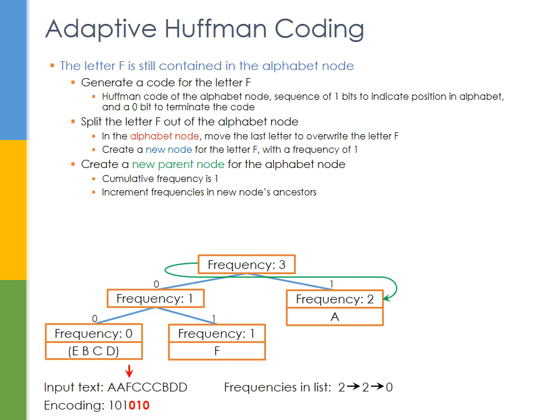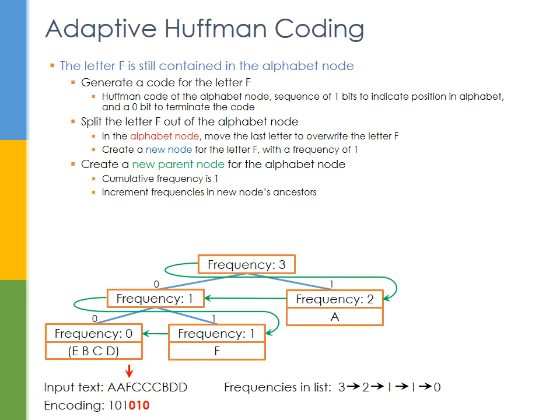Alright, so now we've created a new parent node. We now need to update the frequency of the ancestors of this new parent node. So this then only includes the root node, and we increment the frequency from 2 to 3. The final thing that we need to do is to restore our linked list structure, which you can see is indicated by means of the green arrows over there.